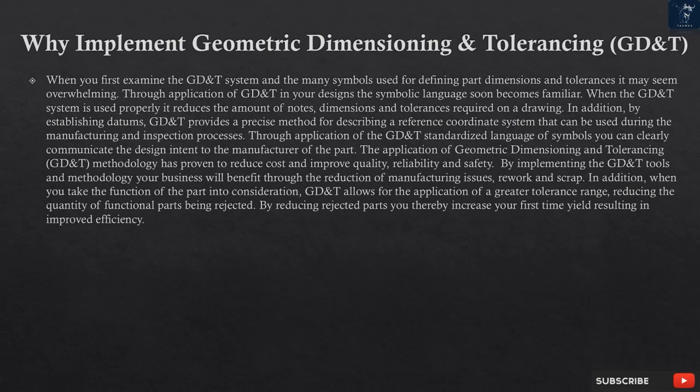By implementing the GD&T tools and methodology, your business will benefit through the reduction of manufacturing issues, rework and scrap. In addition, when you take the function of the part into consideration, GD&T allows for the application of a greater tolerance range, reducing the quantity of functional parts being rejected. By reducing rejected parts, you thereby increase your first-time yield, resulting in improved efficiency.